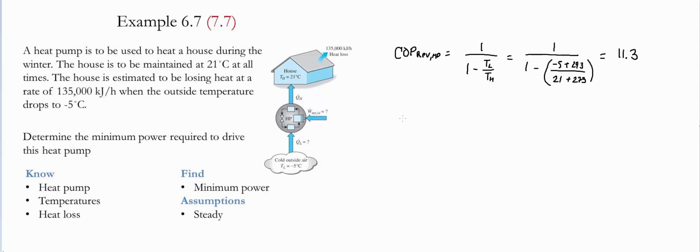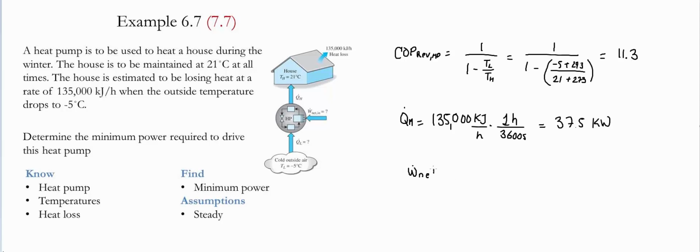So we're going to do the conversion of Q_H, and that is equal to 135,000 kilojoules per hour, and we're going to convert that into kilowatts by simply saying that 1 hour has 3,600 seconds, and that is going to give us a value of 37.5 kilowatts.